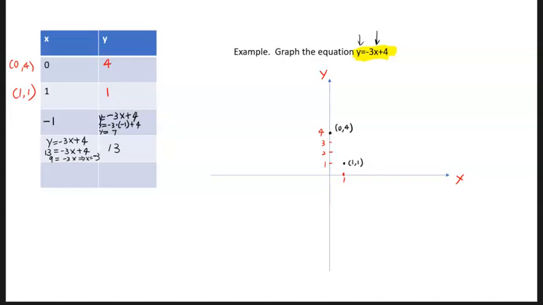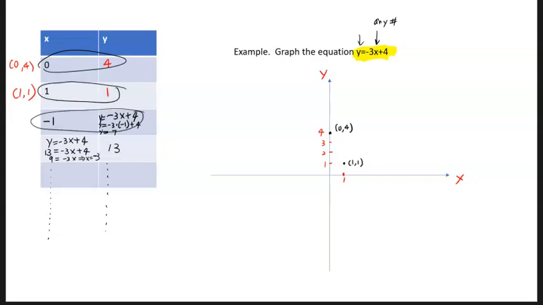We can pick any number and plug it in for x, and we will get a corresponding y. That will give us a solution. Since we can pick infinitely many numbers for x, we should get infinitely many y's, and every pair will form a solution. So we're going to be able to get infinitely many solutions.